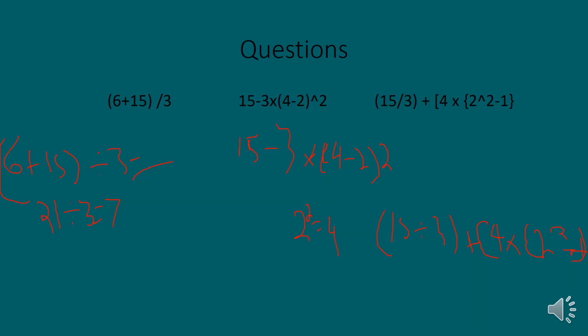Now we do 3 times 4, which is 12. Then 15 minus 12 equals 3. That's the answer to question 2. So 3, and then this is 7.